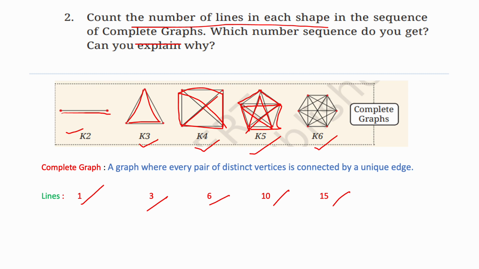So which number sequence do you get? The triangular number sequence: 1, 3, 6, 10, 15. Triangular numbers you have already studied in the previous video. You just check.